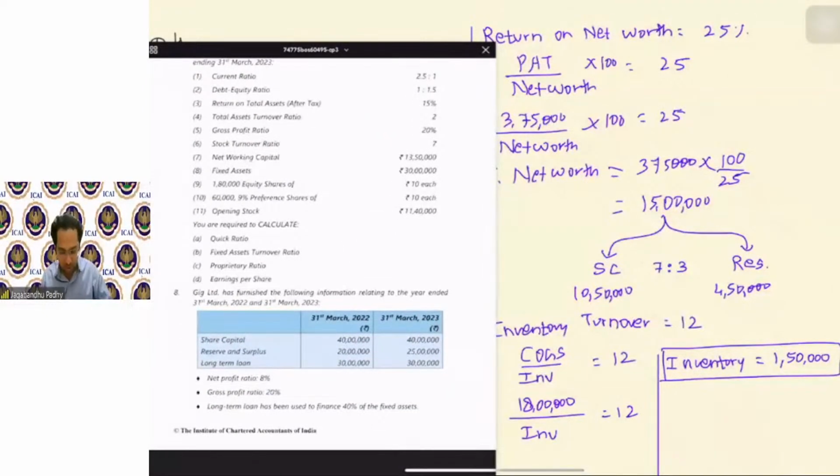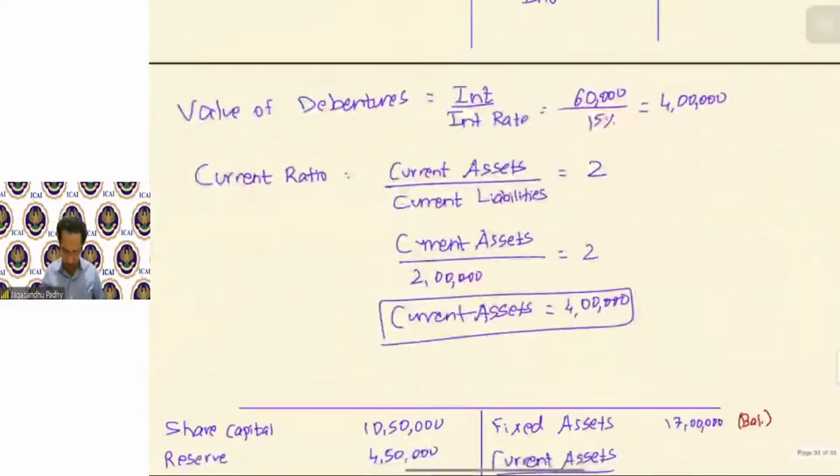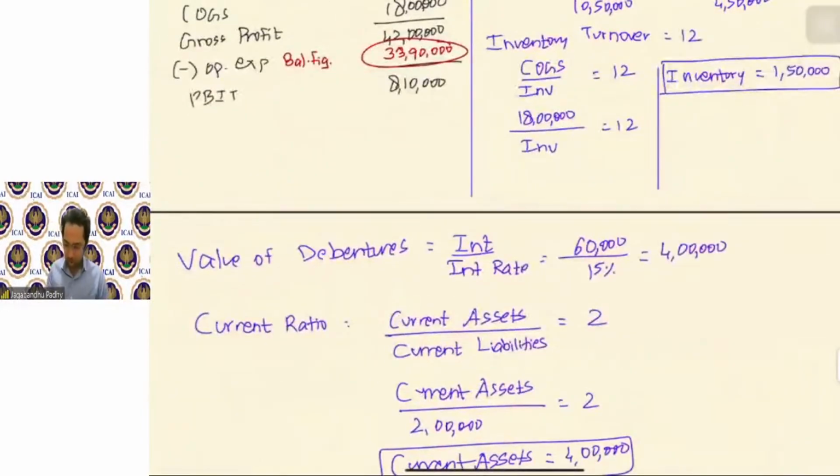Debt calculation. Yeah, sure. In the question, they have given that the interest is 60,000. Interest rate is given at 15%. This 60,000 is going to be 15% of the principal amount. And what is the principal amount? Obviously 4 lakh.